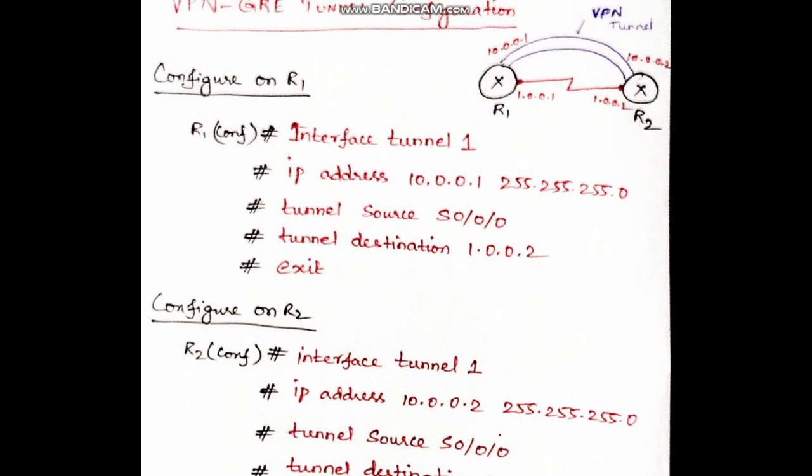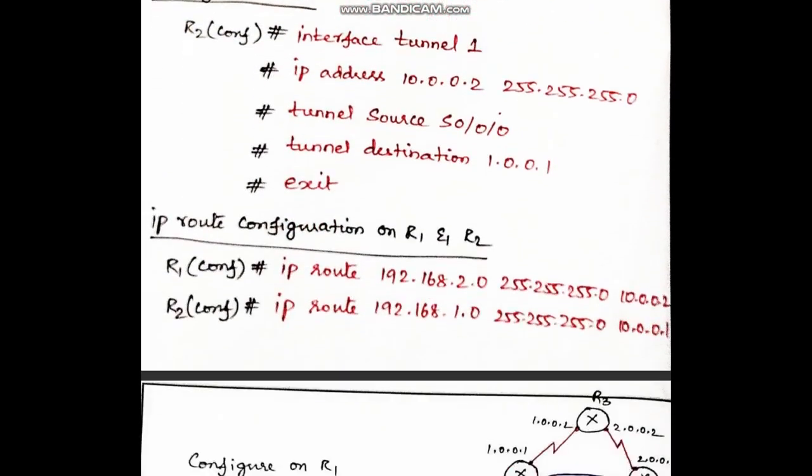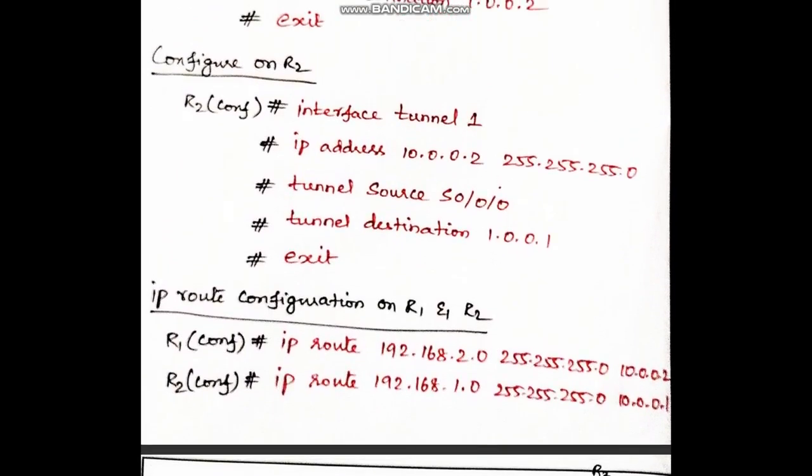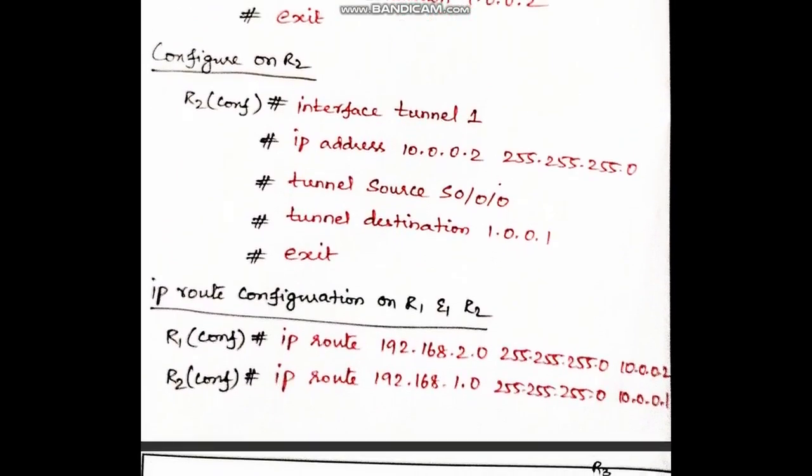In both routers we configure this route. 192.168.2.0 is the destination network for R1, and 192.168.1.0 is the destination network for R2.